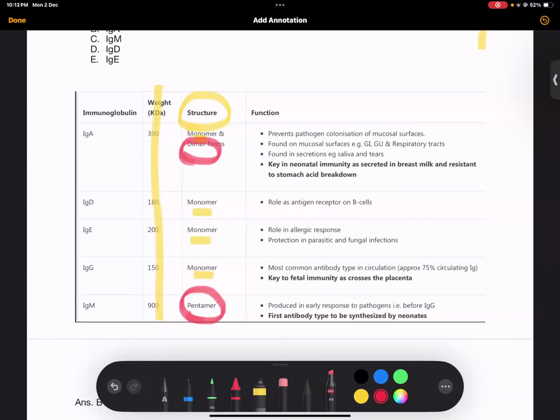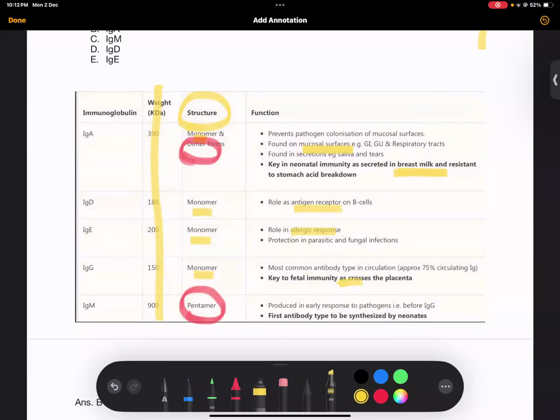Again, the functions are written, you know very well, on mucosal surfaces. We have discussed the cervical mucosa as well. That is why IgA was present here, in the secretions, and it is secreted in breast milk. IgD has no role except as the antigen receptor. IgE in allergic response.